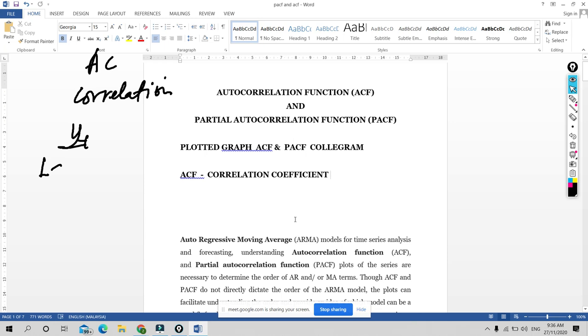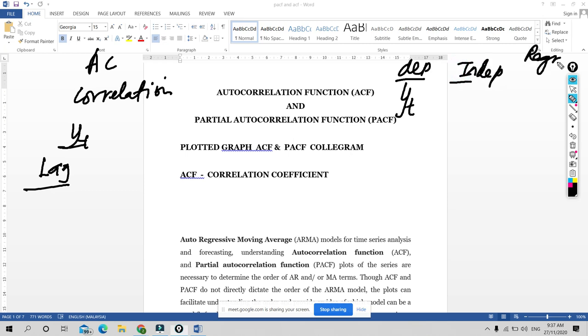So basically, autocorrelation is just a correlation between YT and YT minus 1, YT and YT minus 2, YT and YT minus 3, and so on and so forth, up to YT and YT minus n.